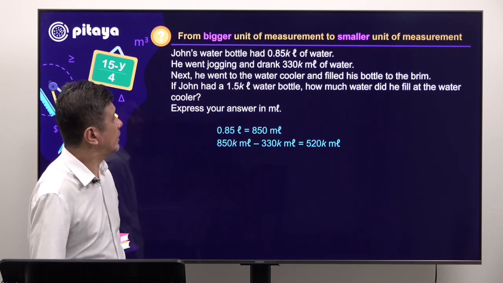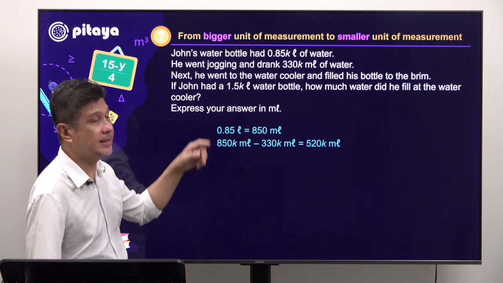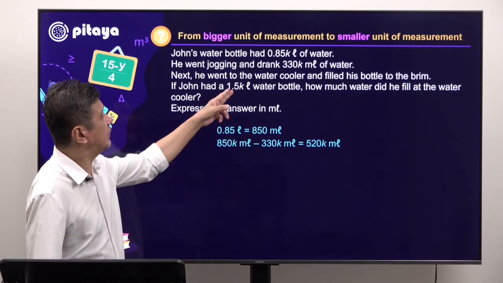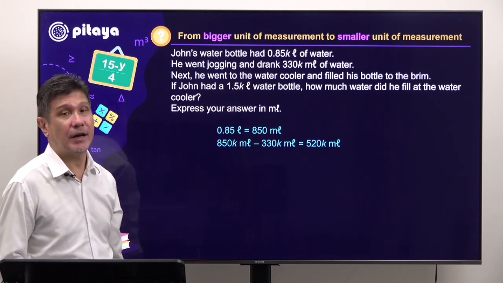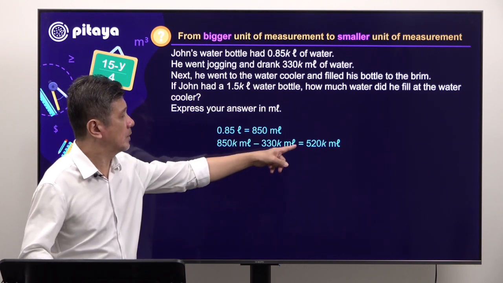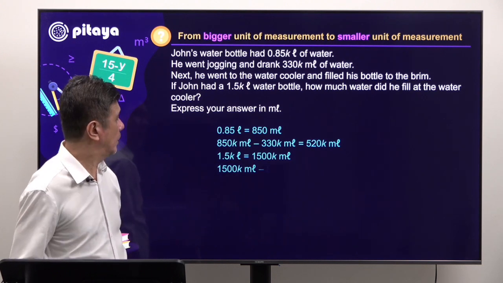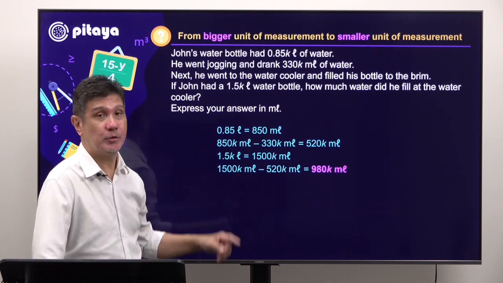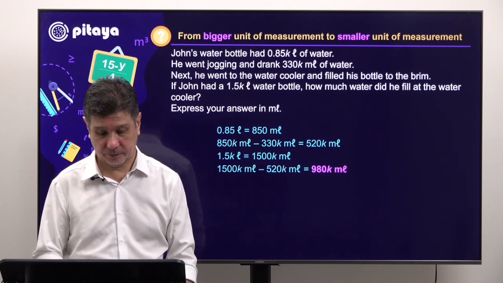Now, of course, when he fills it up to the brim, it is going to be 1.5K liters. And 1.5K liters, we have to change into milliliters. That will be 1500K. And we are going to subtract this 520K. So 1500K minus 520K, you'll get 980K ml.